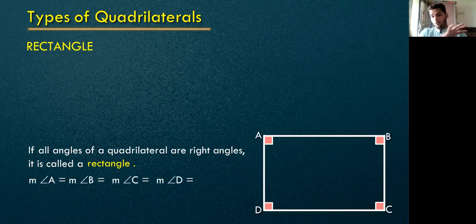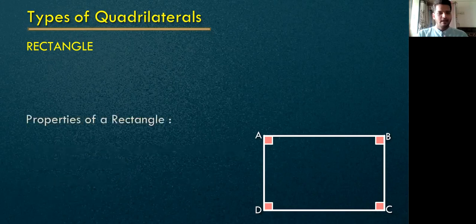So that means all the angles of our quadrilateral are 90 degrees. Yes, which can also be called right angles. So therefore, the quadrilateral ABCD is a rectangle. That's a very simple concept. Any quadrilateral where all the angles are right angles is called a rectangle.